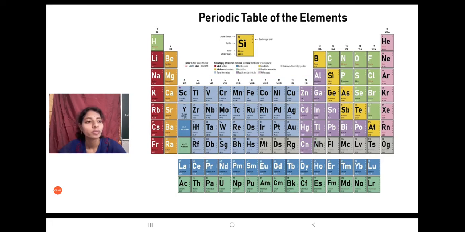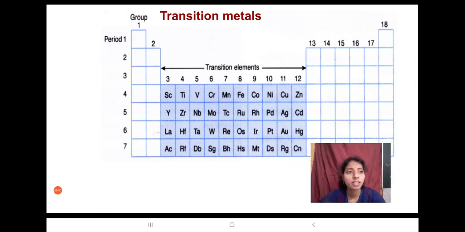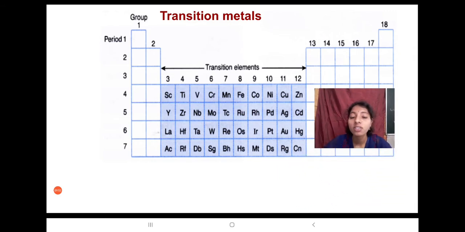So we can call these elements the transition metals. That means the transition occurs from the left side to the right side. The transition takes place from the left side of the periodic table to the right side of the periodic table. So that's why we keep these metal elements in the middle of the periodic table.